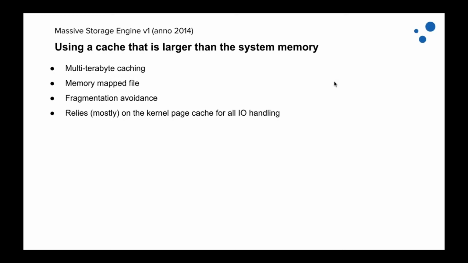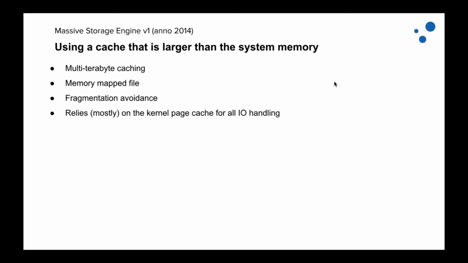Another big part of that product was fragmentation avoidance. These caches run for a long time, and it's not necessarily the case that, even with a large cache, all your content would fit in.